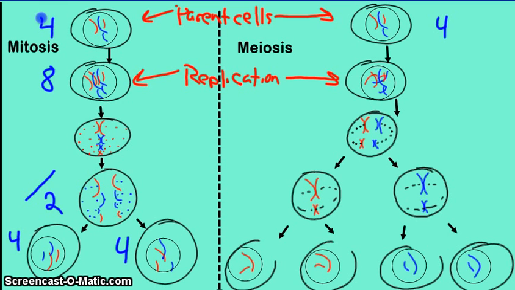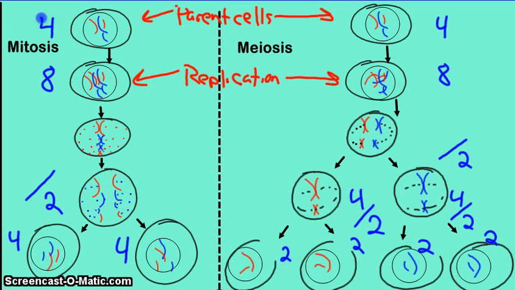So there were 4 chromosomes in the original cell, 8 after DNA replication. The first cell division will divide it into 2, so we will have 4 in this cell and 4 in this cell. That will be divided again in half to create sex cells, which have half the number of chromosomes that the parent did: 2 chromosomes in each one instead of 4.